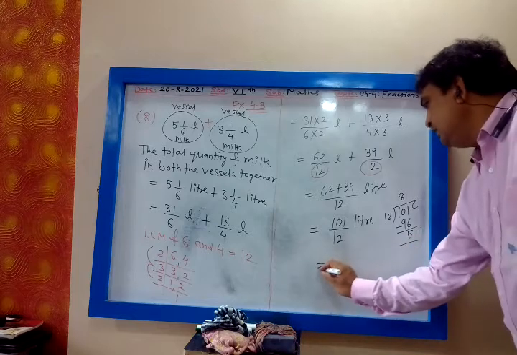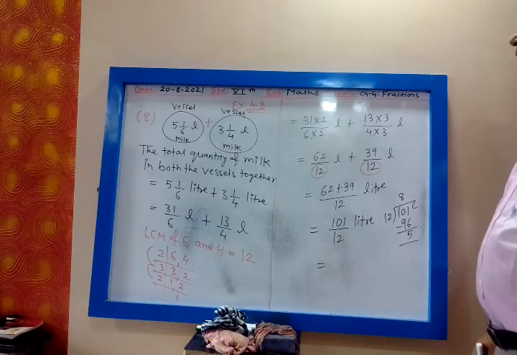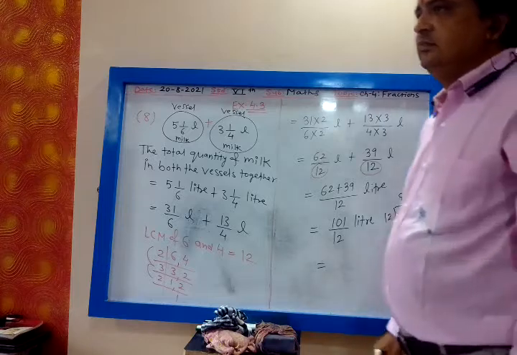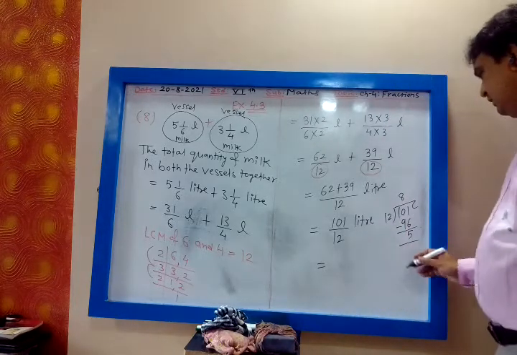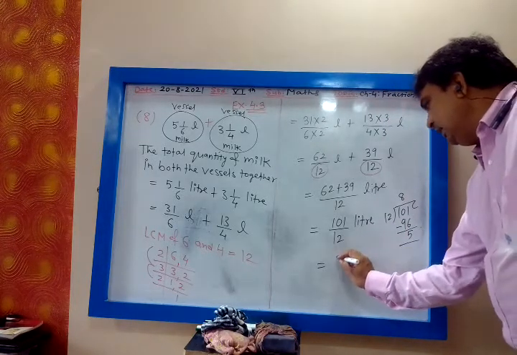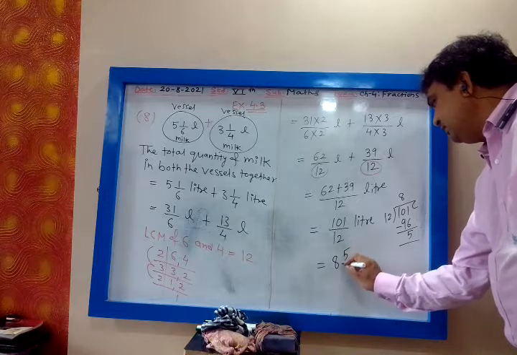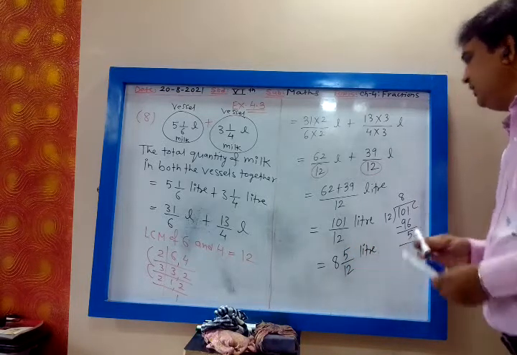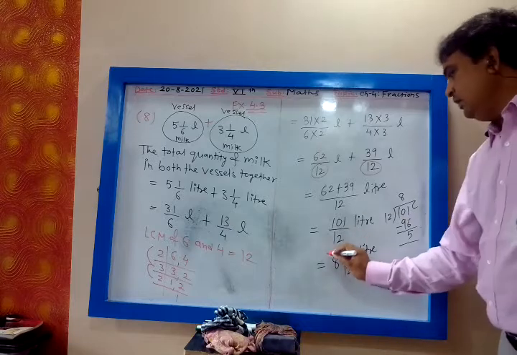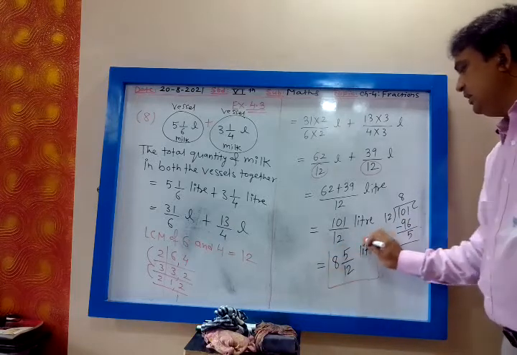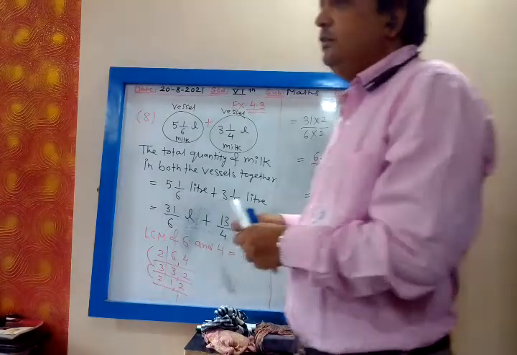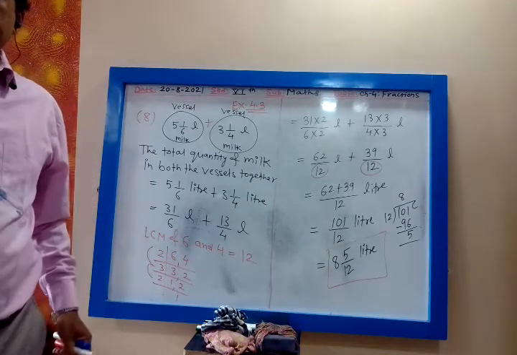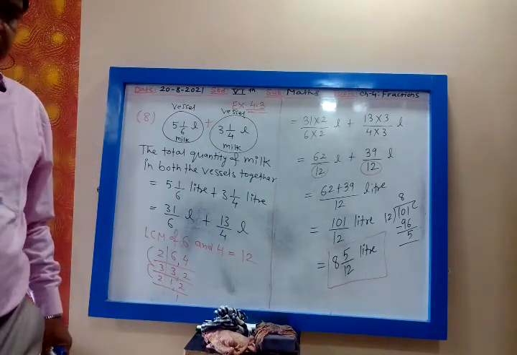So the answer is 8 5/12 liter. The total quantity of milk in both the vessels together is 8 5/12 liter.